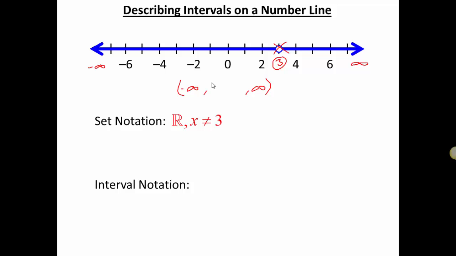That break is at 3. So at 3, I'm essentially adding this piece right here. So this piece right here tells me I have a break at 3. I'm not including 3. My ultimate left boundary is negative infinity. My ultimate right boundary is infinity. But I have that break at 3. So I break up my interval with that 3 union 3 piece.